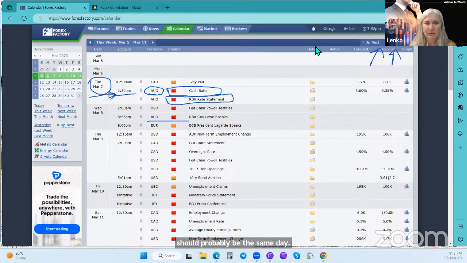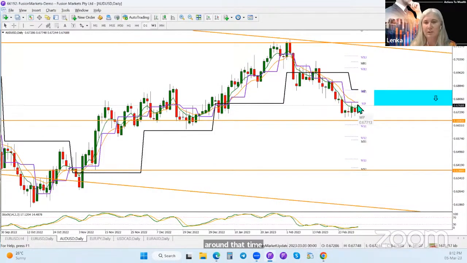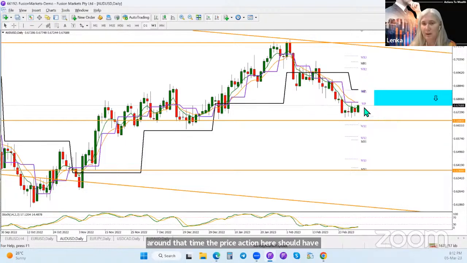So check Forex Factory. And what I would then be looking at is that at around that time, the price action here should have developed into that type of setup that I'm looking for. And then I would be looking to enter the trades.